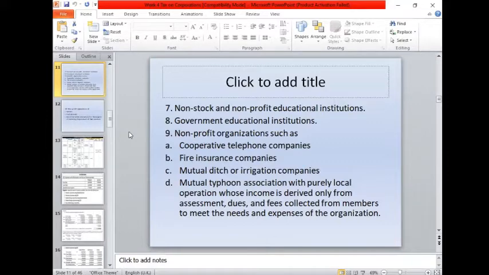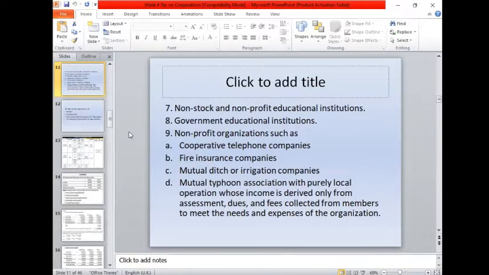The non-profit organizations, which include cooperative telephone companies, fire insurance companies, mutual ditch or irrigation companies, and even rescue operations during typhoons and other institutions that do rescue operations, like the GMA Kapuso Foundation and the Sagip Kapamilya Foundation, those are under letter D. Whatever their proceeds, because those came from the donations of other people, their proceeds and income are not subject to tax.